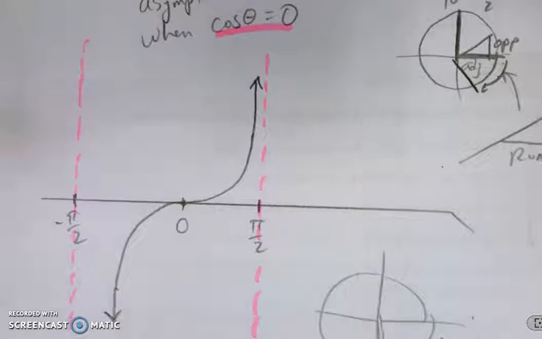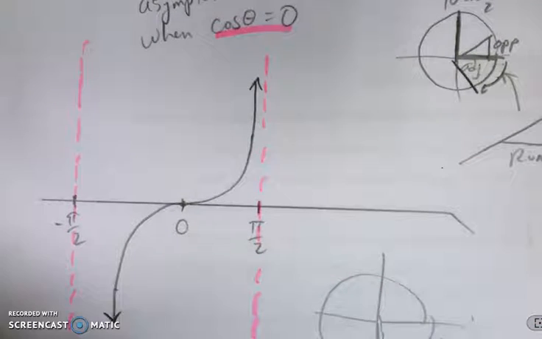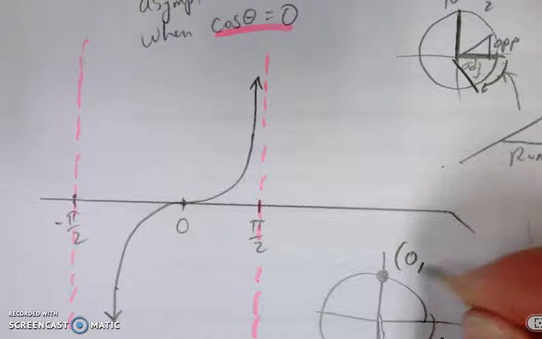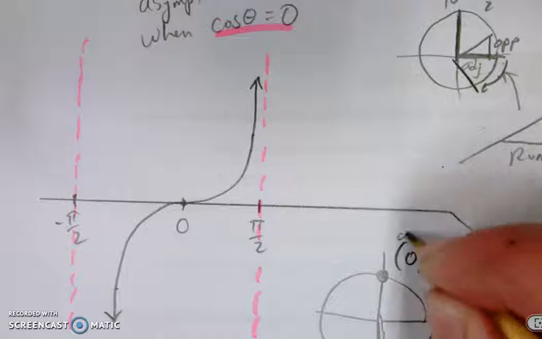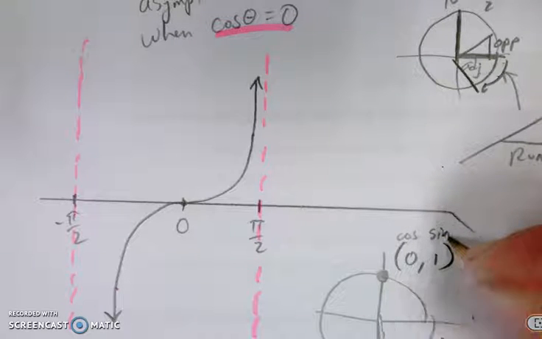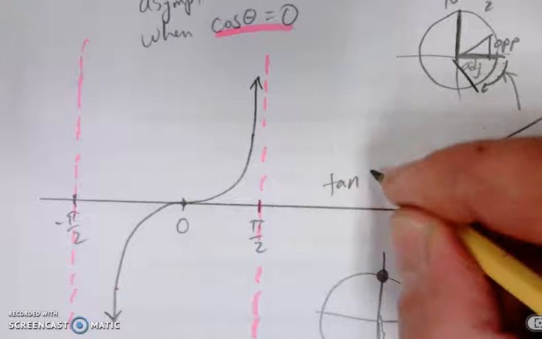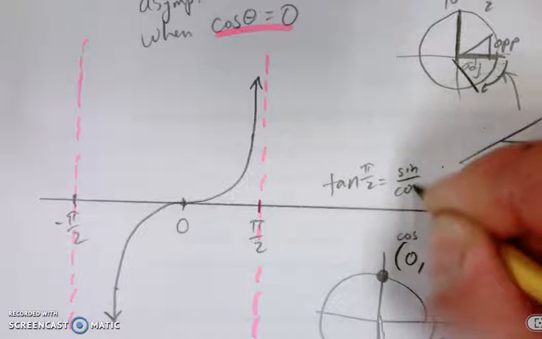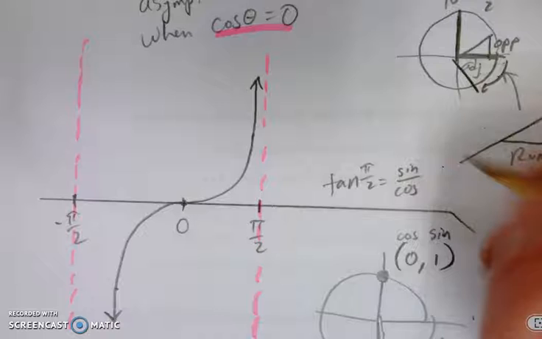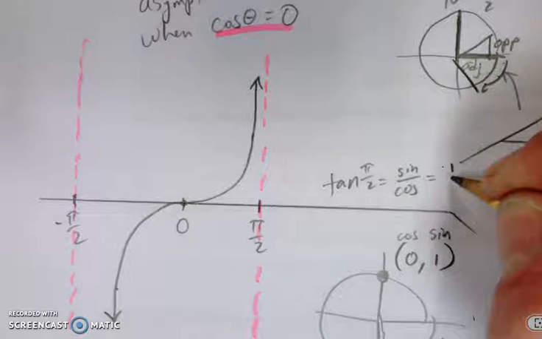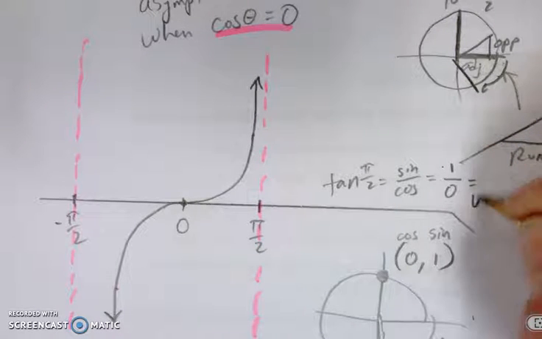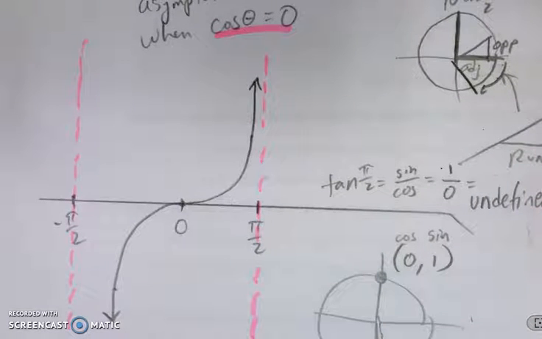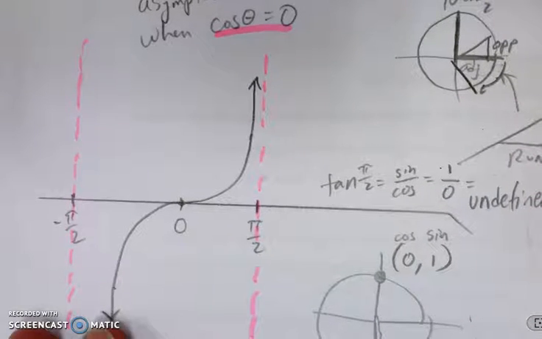The other reason, like we said, the reason it has an asymptote is at this point, your coordinates are 0, 1. That's your cosine and your sine. And since tangent is sine over cosine, we'd have 1 over 0, which is undefined. All right. So that's that.